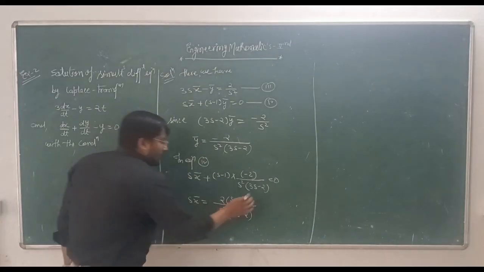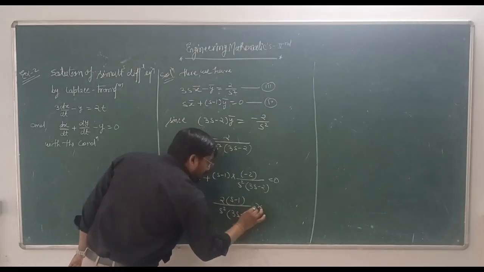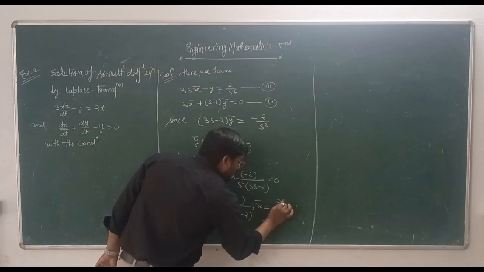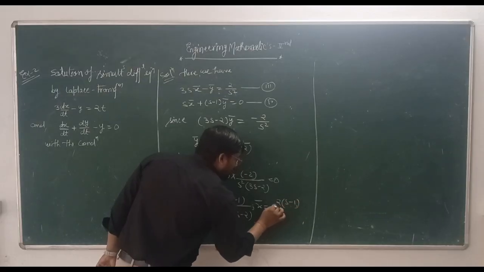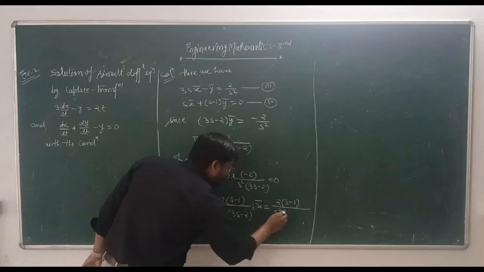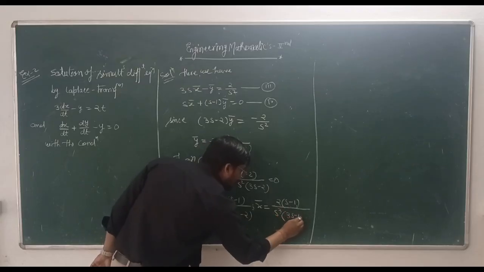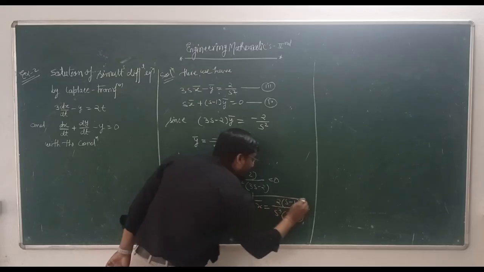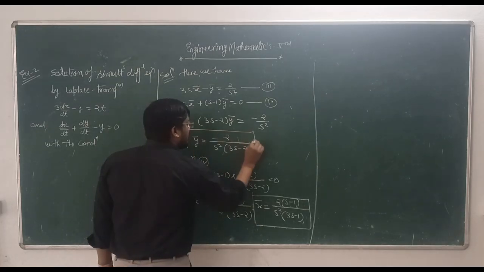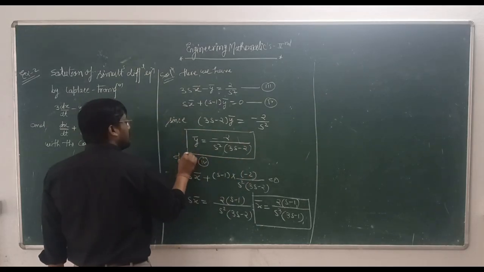Now Laplace of x is equal to 2s minus 1 total upon s cube 3s minus 1. This is the value of Laplace of x and this is the value of Laplace of y.